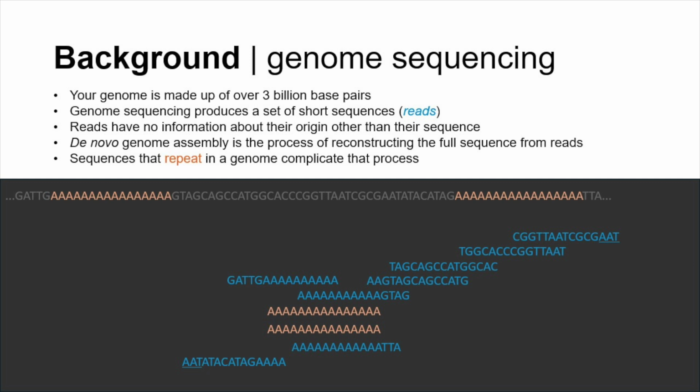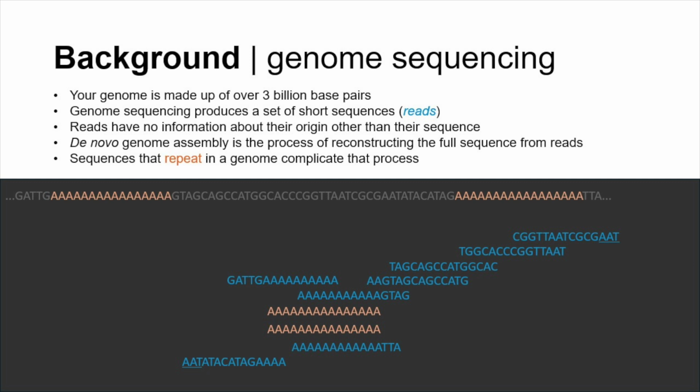Then what happens is they loop back around. So that little underlying sequence is actually the same as this one, which comes from that end. Then it runs into the A's again. Go back into the A's, and then we continue on into unique space. So that's why these repeats are a little bit complicated.